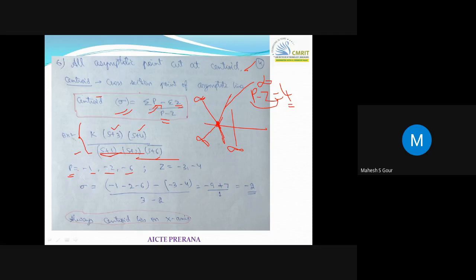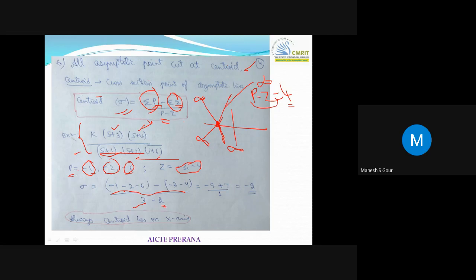So what will be your centroid? The formula is the summation of poles minus the summation of zeros, divided by P minus Z. P is the number of poles. The summation of poles means you add -1, -2 and -6, and you subtract the zeros -3 and -4, divided by the number of poles, which is 3, minus the number of zeros, which is 2.